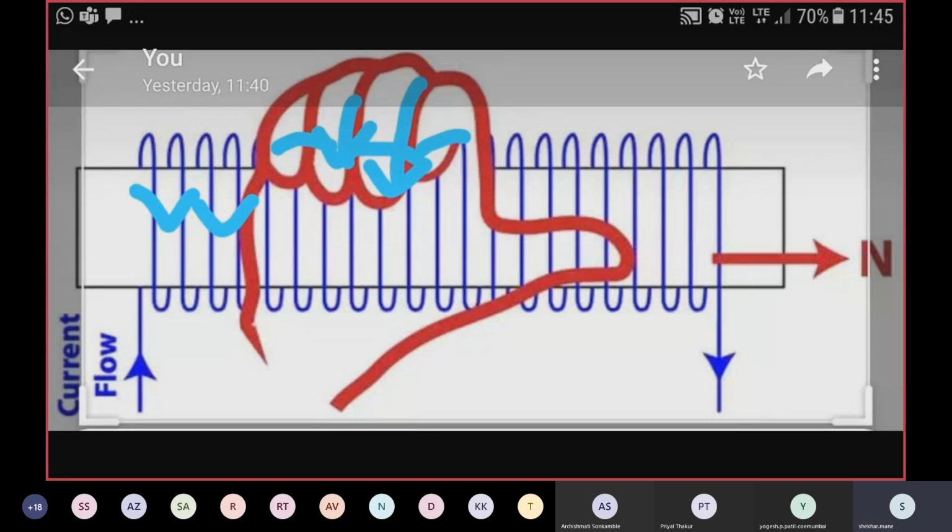If you keep your right hand according to this image, then the tips of your nails represent the direction of current and the thumb represents the direction of flux, that is phi. So the direction of flux is to the right side.